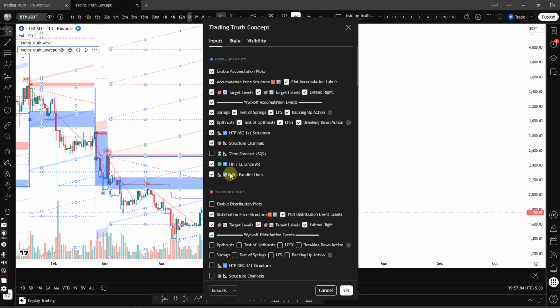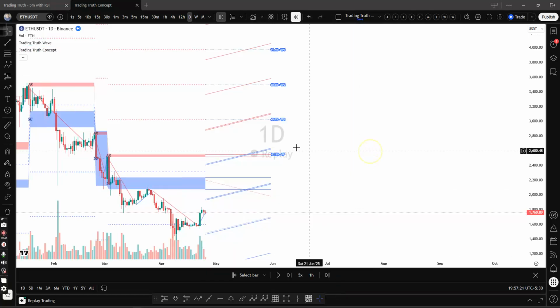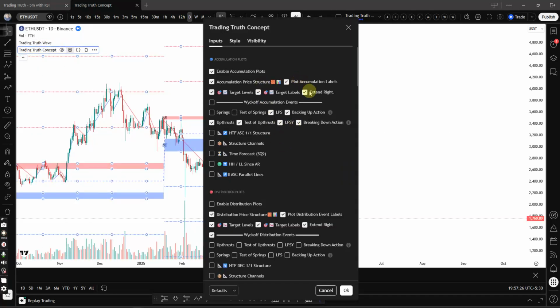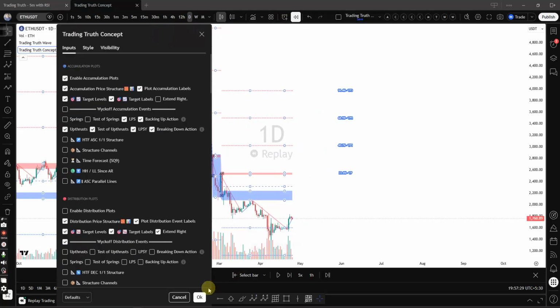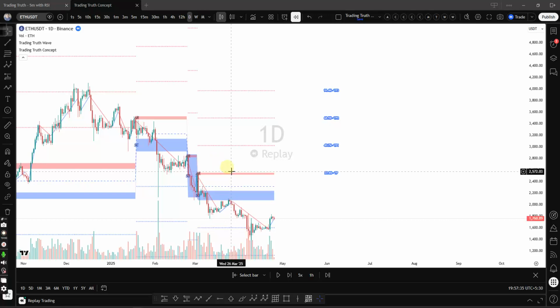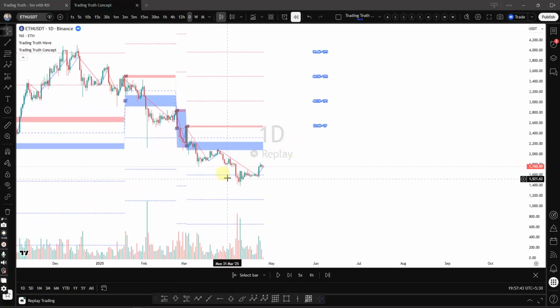So right now, let's just disable these ones. I want to show you the blueprint of the market, and forward lines. See, in any building you have a foundation layer, and how deep it has gone.